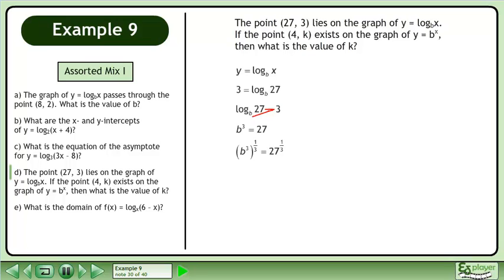Raise each side to the reciprocal power so we can get b by itself. The cube root of 27 equals 3. Now write y equals b to the power of x. Plug in b equals 3.